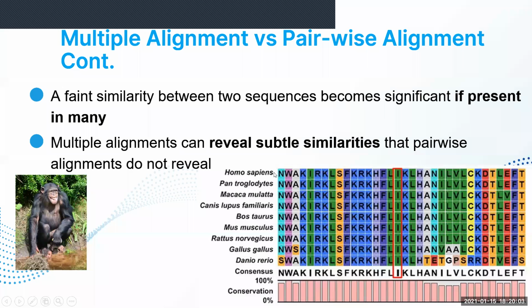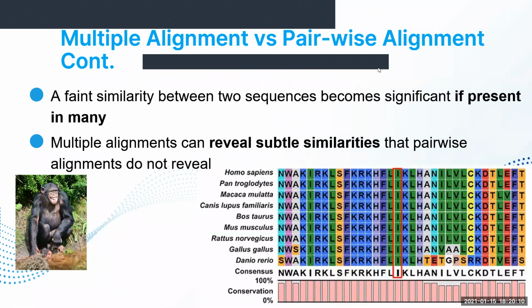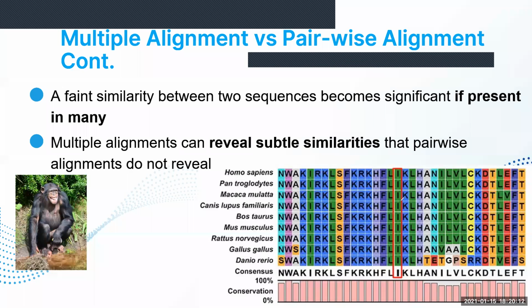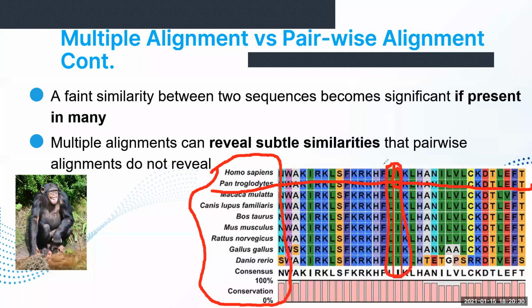That is the most prominent thing in multiple sequence alignment. If we consider only two, it is just one column, but if we go through all these sequences, we can see that this whole sequence is preserved in all these species.